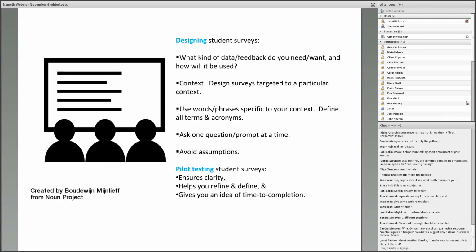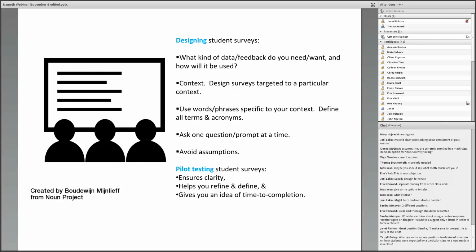You want to remember to ask one question or prompt at a time, and also to avoid assumptions in the questions and prompts that you pose for students. And then I recommend pilot testing your student surveys. This can ensure clarity, it can help you refine and define, and it gives you an idea of the actual time to completion.